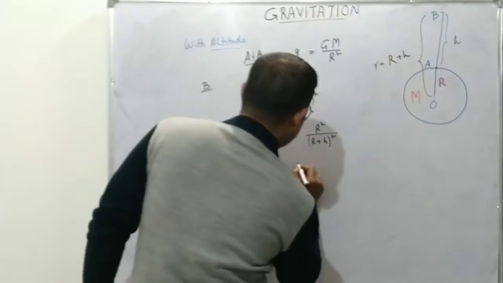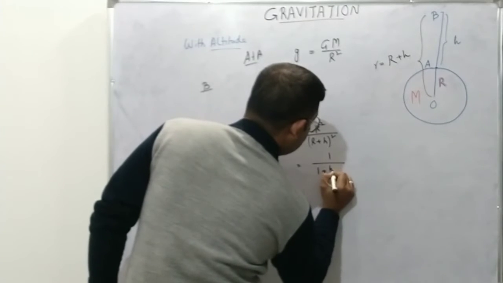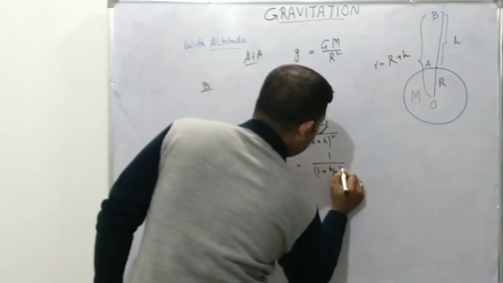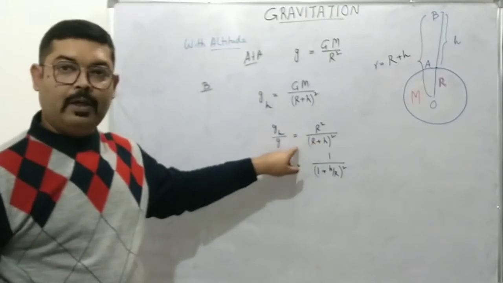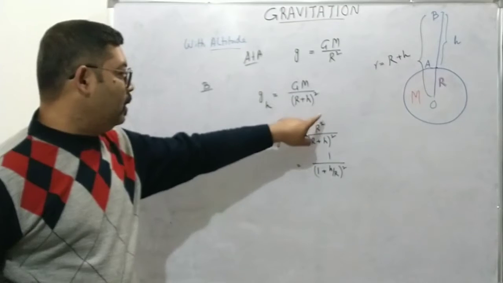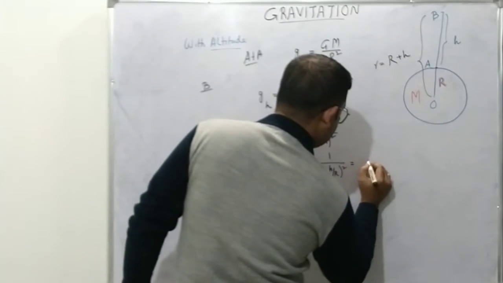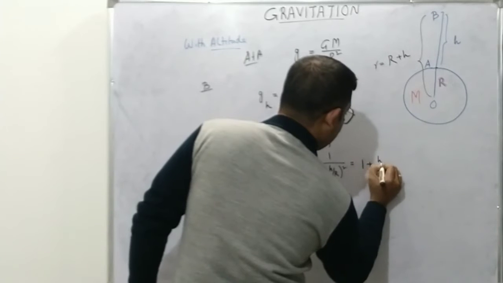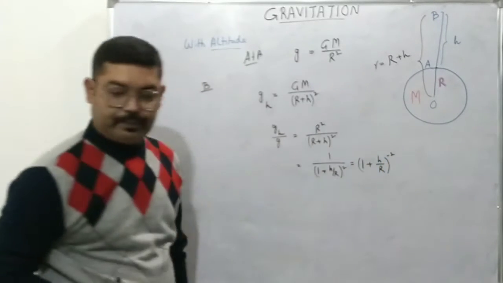Or we can say this will be equal to 1 by 1 plus h by R whole squared. Right? Taking R squared common from here, we have R squared, and then this will be there, which can also be written as 1 plus h by R to the power minus 2.